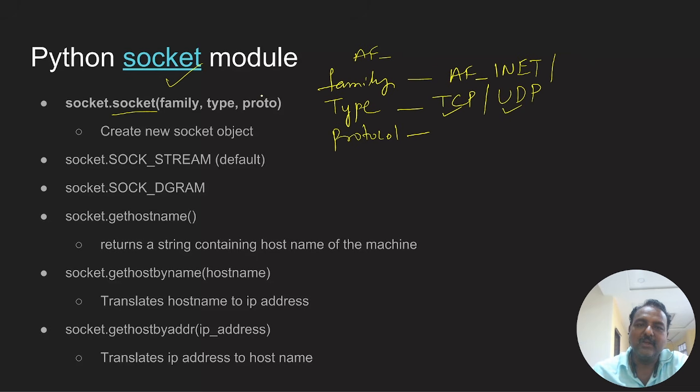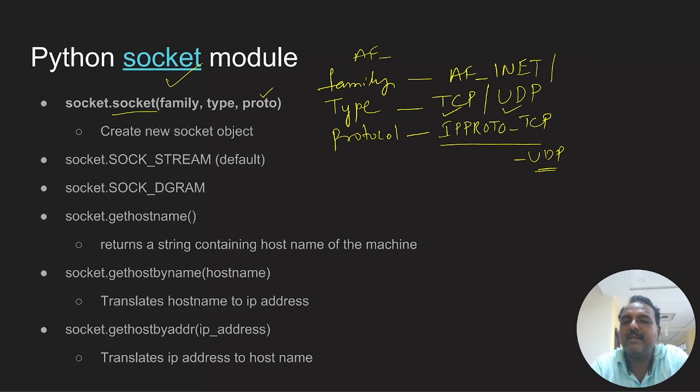And the protocol depends on the type we use. If I use TCP, I simply say IP proto underscore TCP. If I use UDP, I say IP proto underscore UDP.